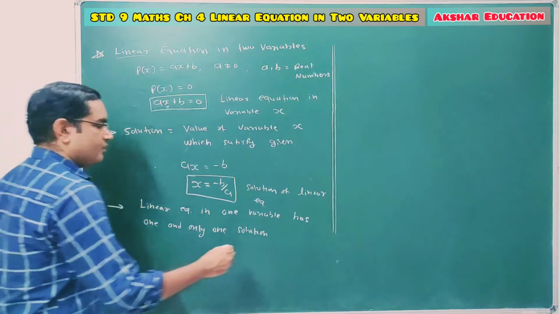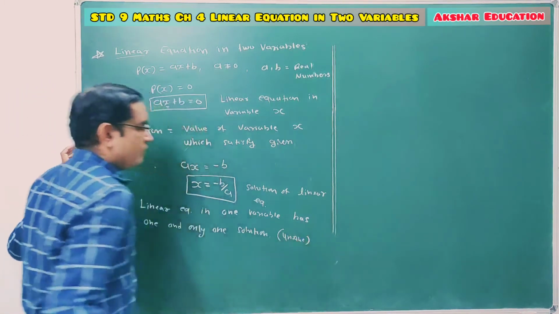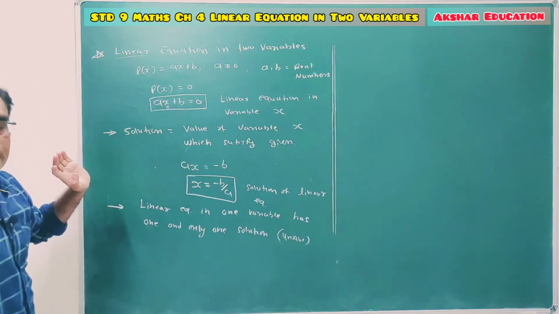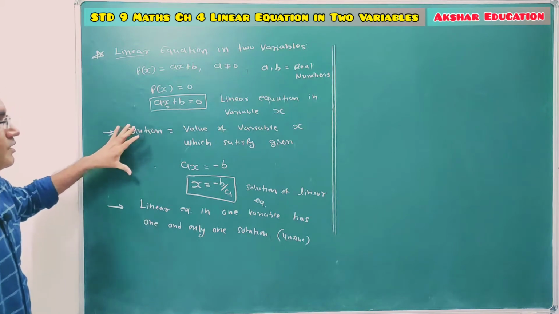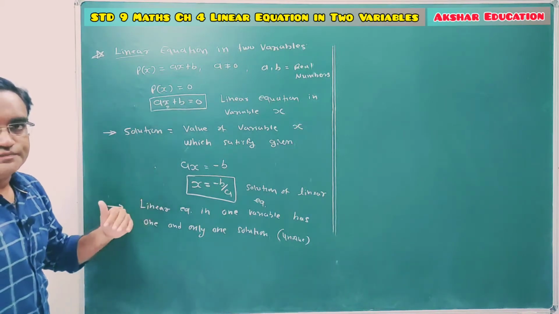One and only one solution means it always has a unique solution. Only one value of the x is there which satisfies this given equation. Clear students? So this is linear equation in one variable that we have studied in our standard 8.